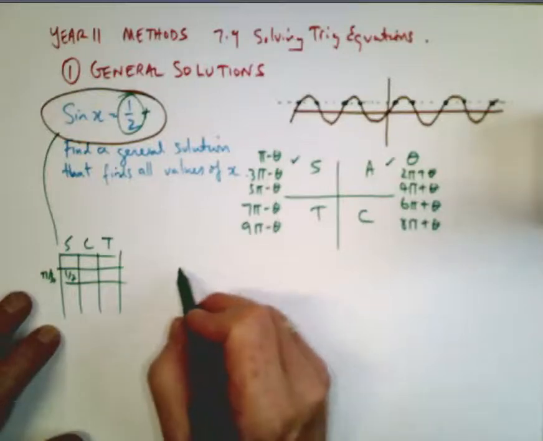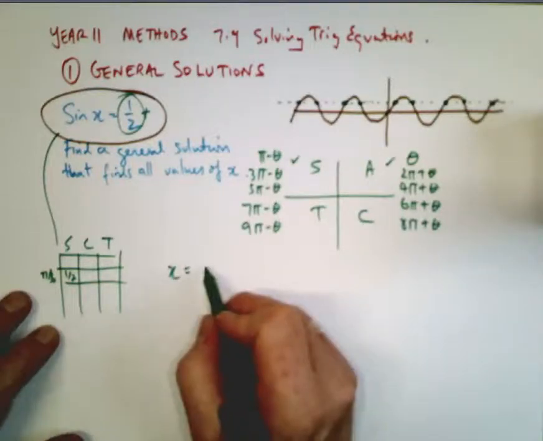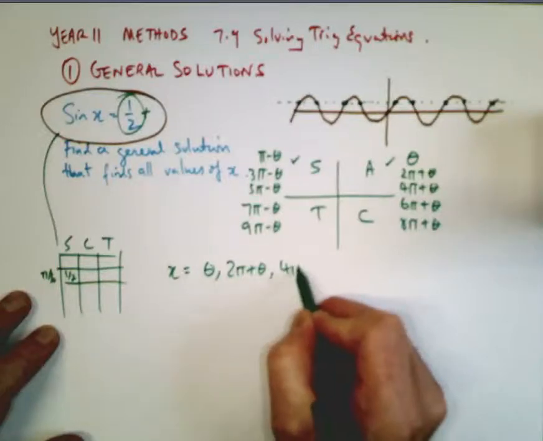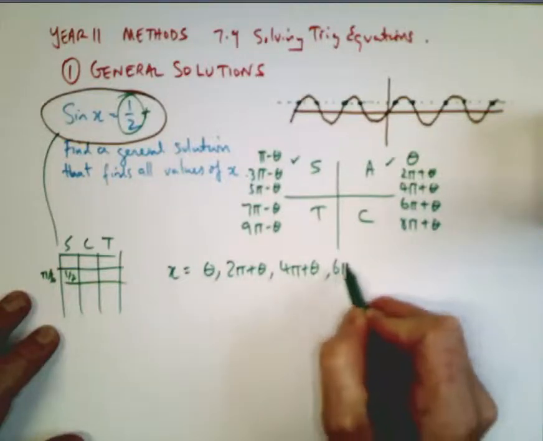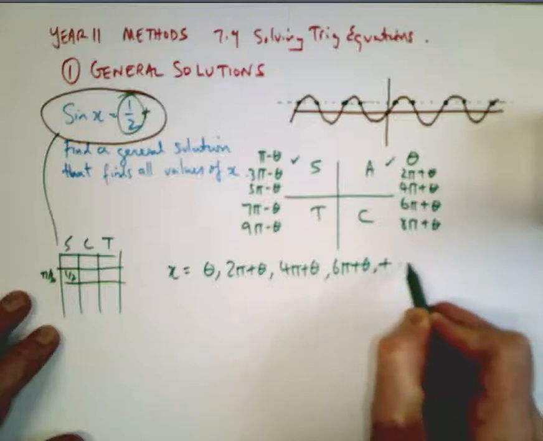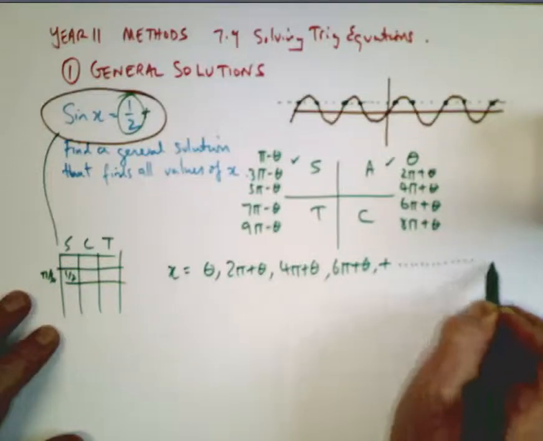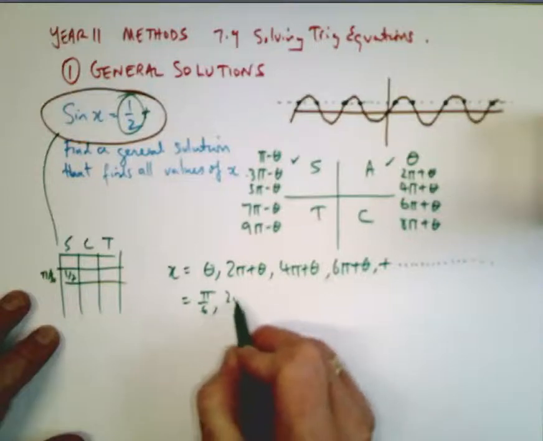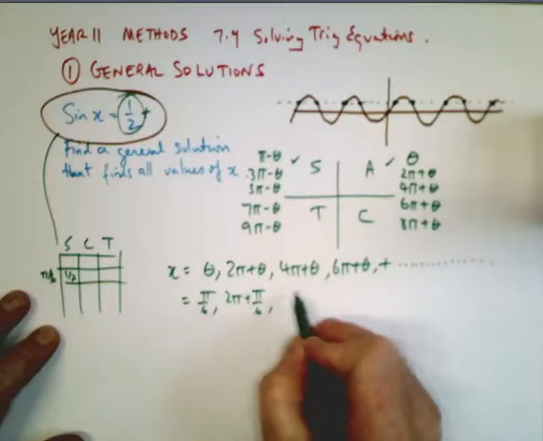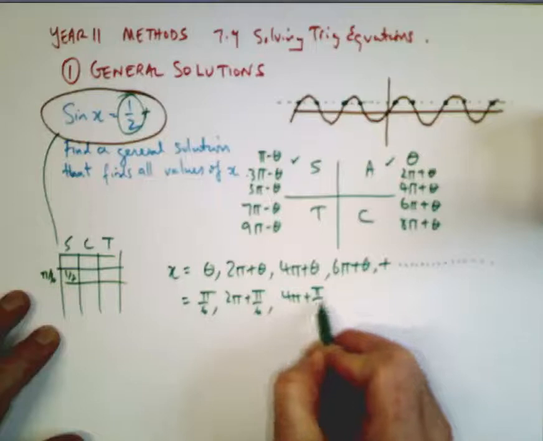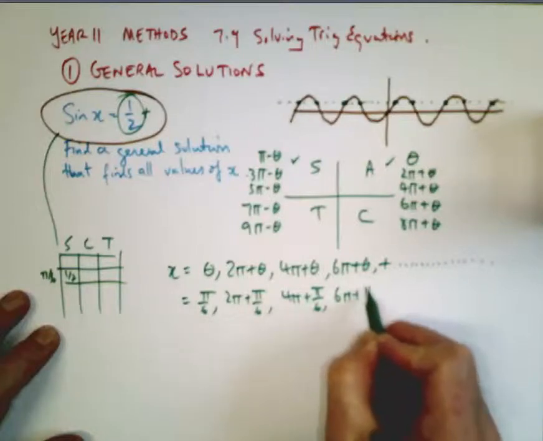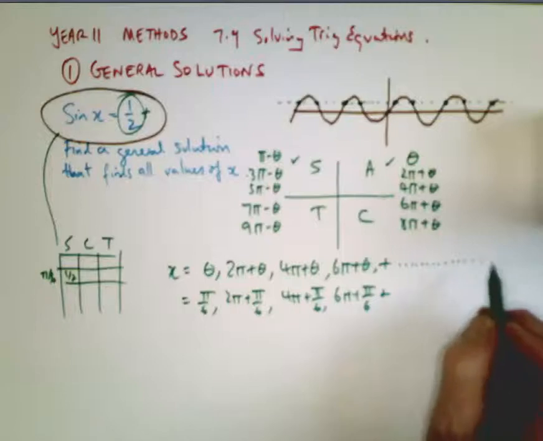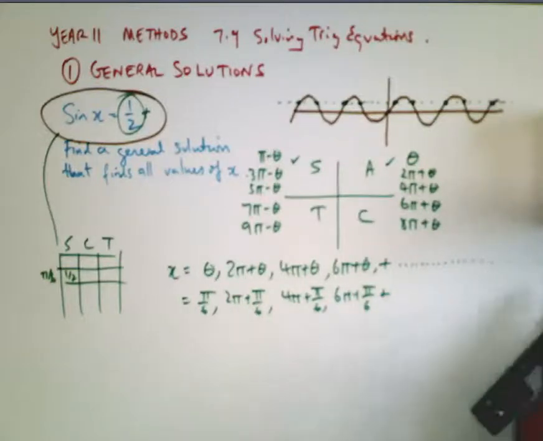So x is going to equal theta, 2 pi plus theta, 4 pi plus theta, 6 pi plus theta, and that pattern continues forever and ever, where theta is pi on 6. So it's going to equal pi on 6, 2 pi plus pi on 6, 4 pi plus pi on 6, 6 pi plus pi on 6, 8 pi plus pi on 6, 10 pi plus pi on 6, etc.